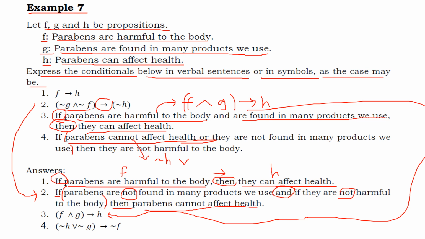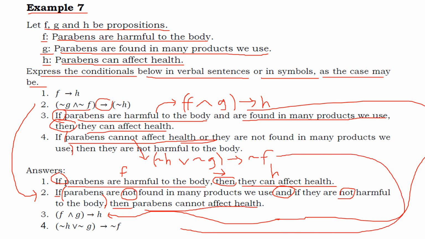Or they are not found. Again, there's a negation in your proposition G, so we apply negation G. We put parentheses. We apply your if-then, then they are not harmful to the body. That will be the negation of F. That's why your answer here is equal to these symbols.